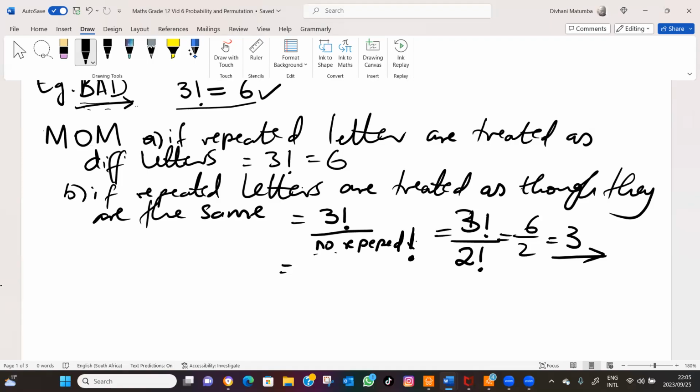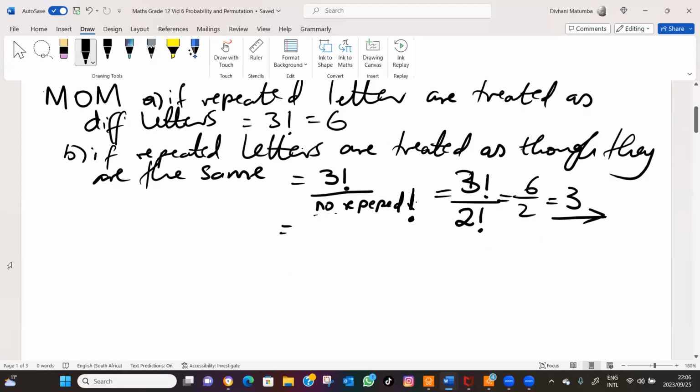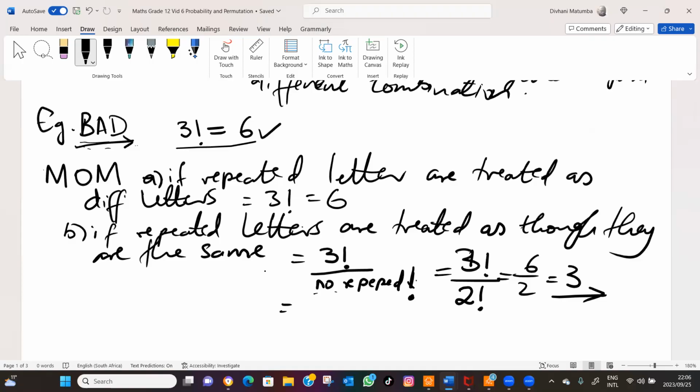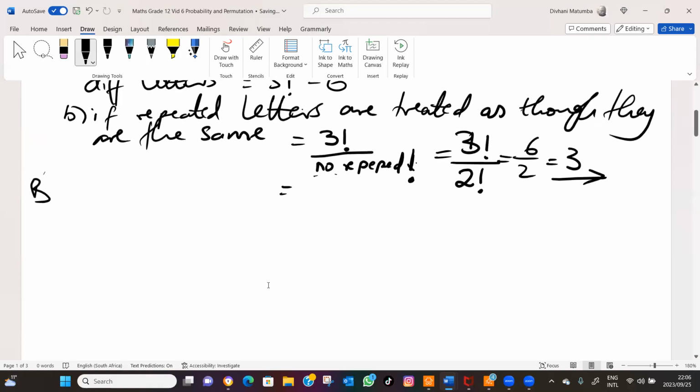Now, what happens if we have a lot of repeated letters? Let me give you an example.